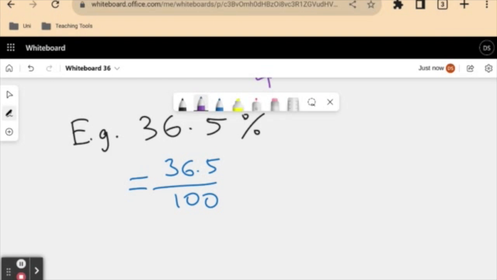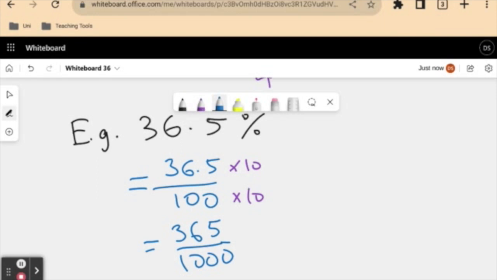Well, we can multiply top and bottom by a factor of 10, because multiplying by 10 will clear this decimal place here. That will leave me with 365 on my numerator. And whatever we do on the top, we do to the bottom. And we'll be left with 365 over 1000.